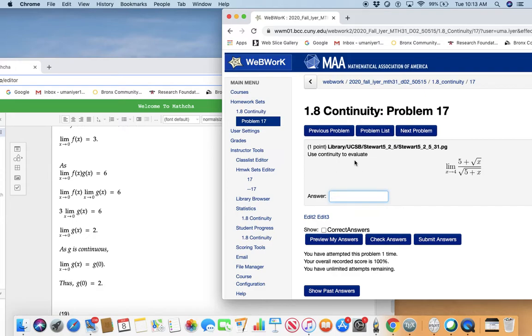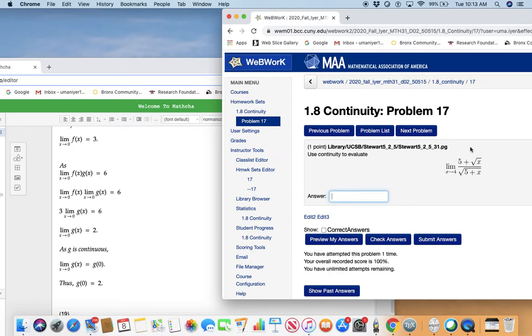Use continuity to evaluate. Well, you have 5 plus square root x, that's a continuous function on its domain. Square root of 5 plus x, that is a continuous function on its domain. Continuous over continuous is continuous as long as the denominator does not go to 0.